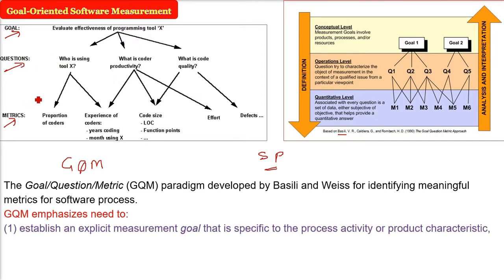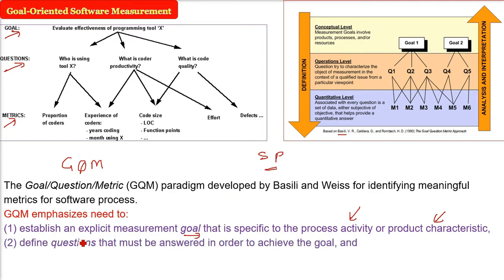Now, GQM emphasizes what your explicit measurement goal is, specific to a process activity or a product characteristic. Then we define certain questions, and these questions need to be answered in order to achieve the measurement goal.